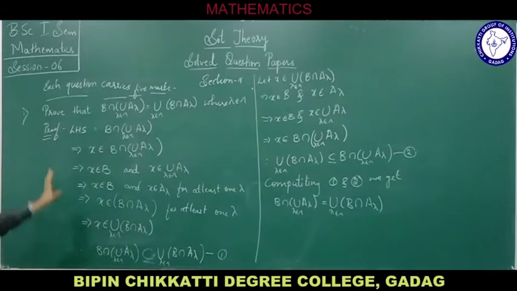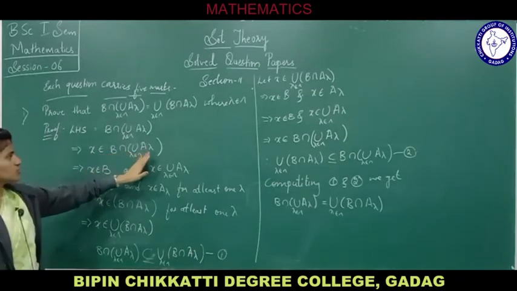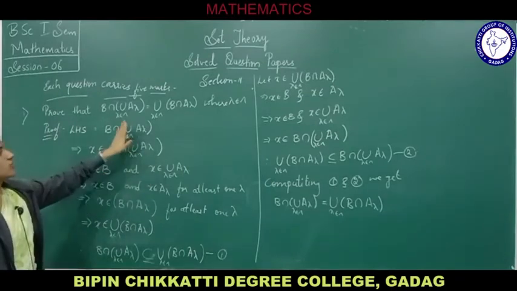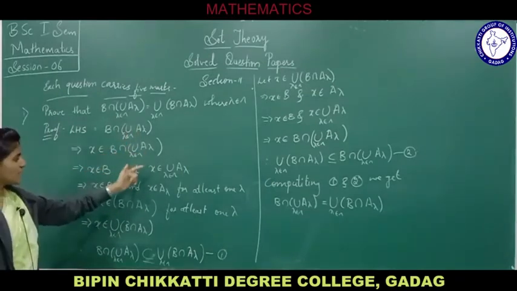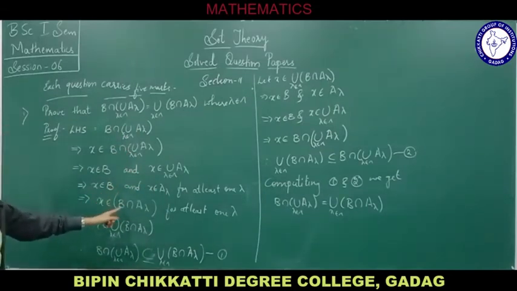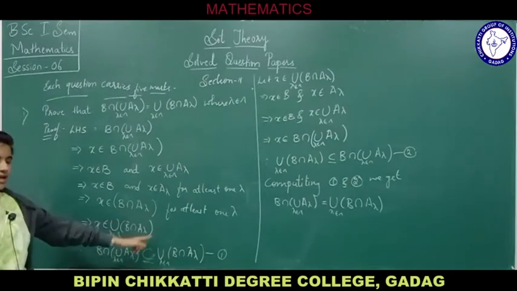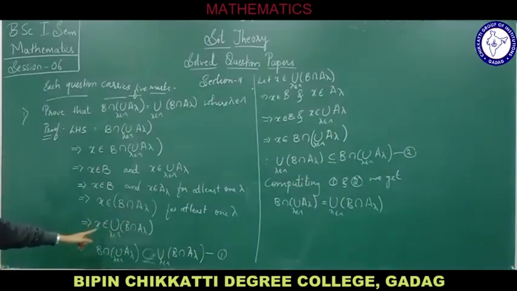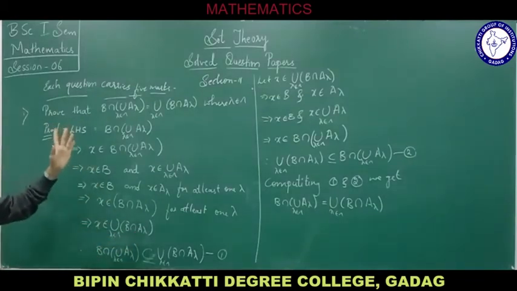Very simple. We just considered the LHS part. We proved step by step that x belongs to B and x belongs to union of A lambda. If it belongs to union of A lambda, then it should belong to at least one A lambda. Then we wrote x belongs to B intersection A lambda. Then it should belong to this union of B intersection A lambda. Hence it is a subset. Then we proved it on the other side.